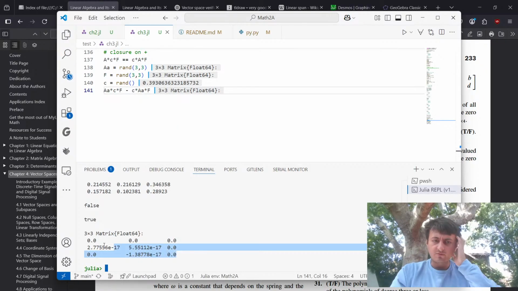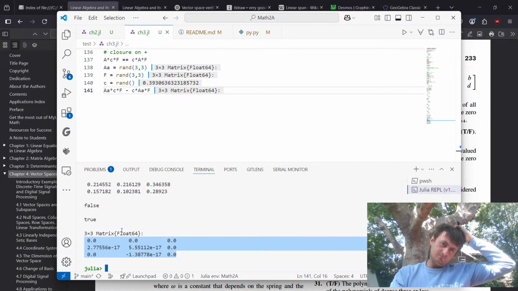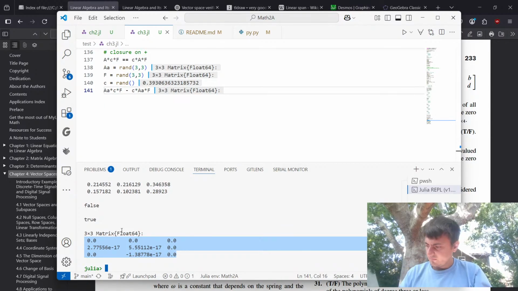Okay, so I think it is a subspace because we know that F times A equals 0. So then C times F times A is equal to 0.